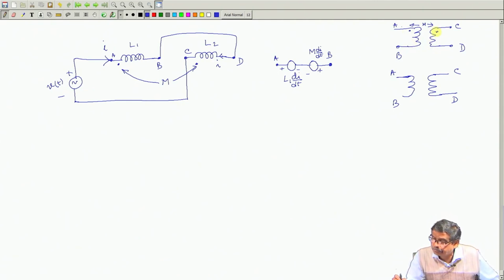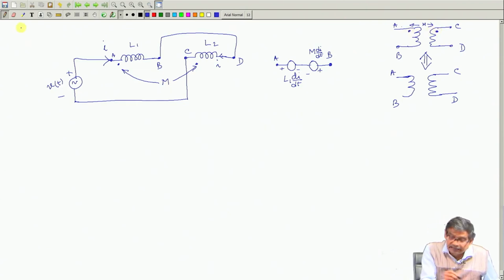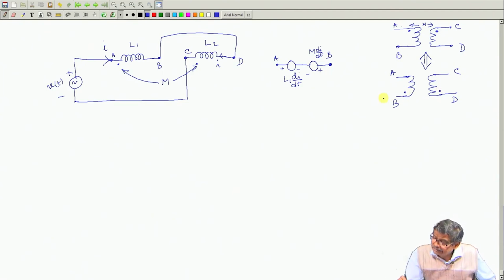When this is plus, this is plus, at that time this was minus, this was minus, but at some instant this will become minus, this will become minus, this will become plus, this will become plus. In other words, if you erase these two dots, these two are absolutely okay. The same pair of coils with these dot markings is the same as the same pair of coils with these dot markings, no problem. That is, you can use some other symbol.